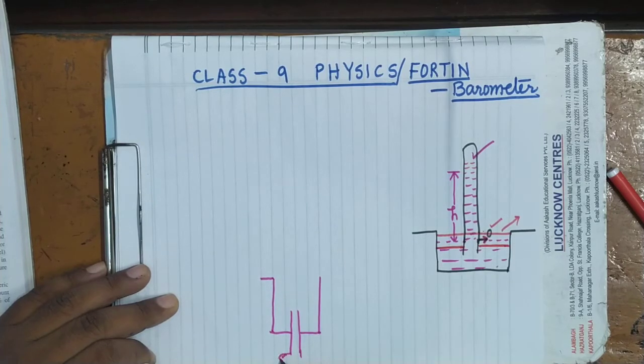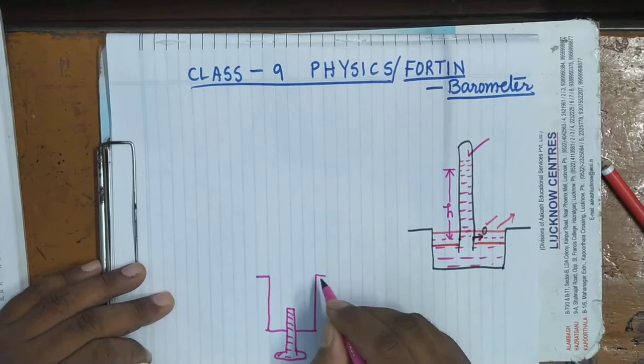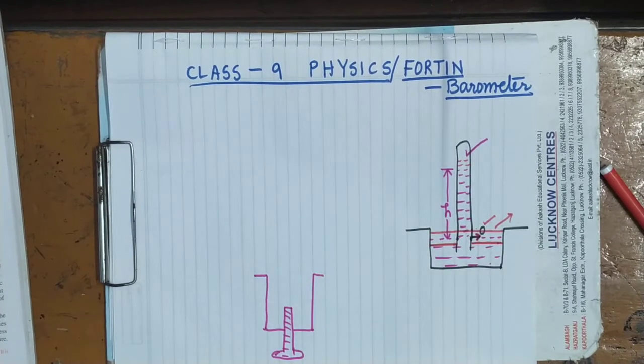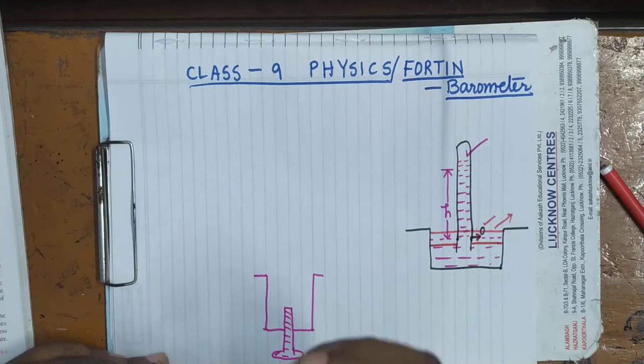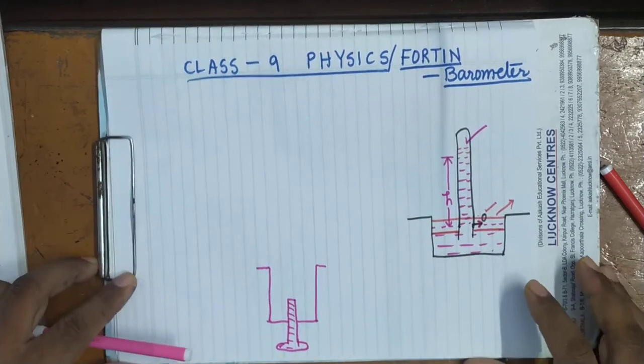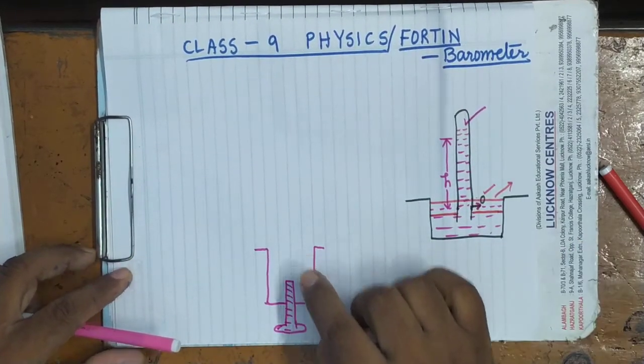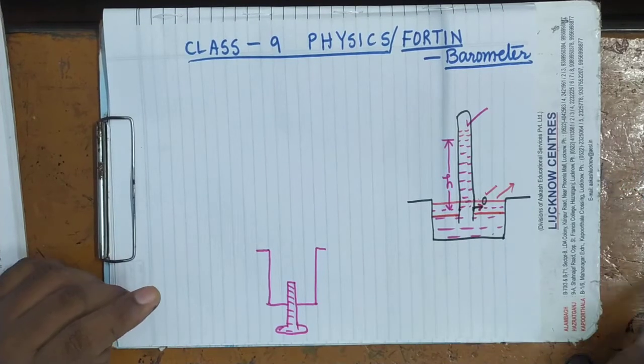This screw can be turned, it can be moved up or down. It's clear here, this is a screw. This is the metal bowl, metal cup, and here there is a screw which can be moved up or it can be moved down.